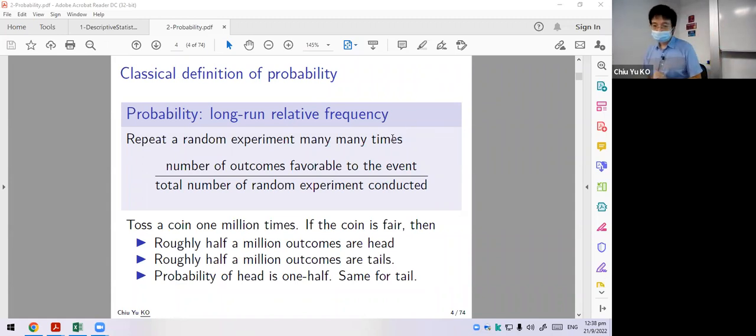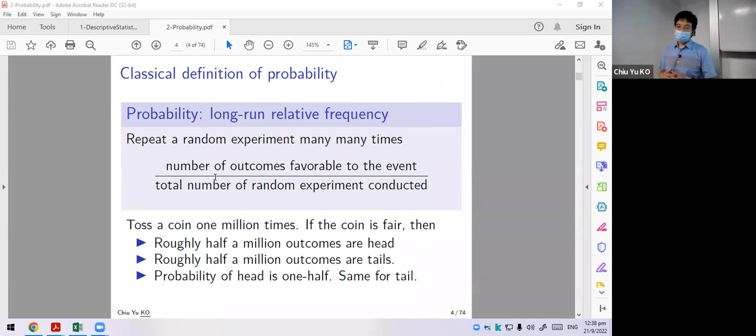Then the probability for an event will be a ratio. The denominator is how many times you repeat this experiment, and the numerator is the number of outcomes favorable to the event.